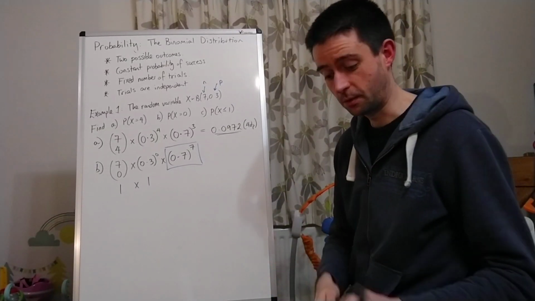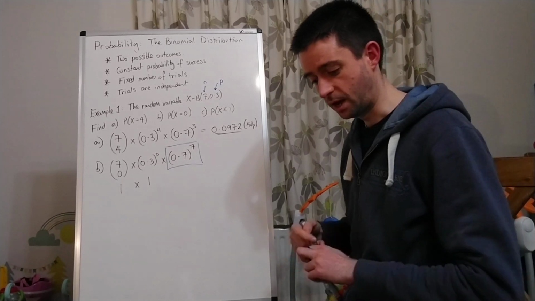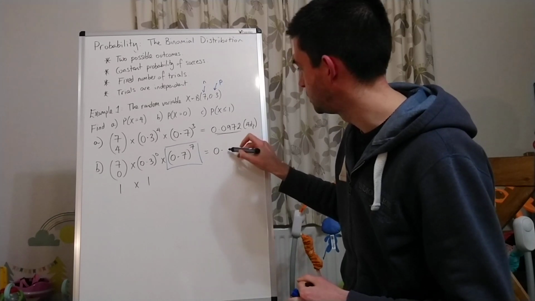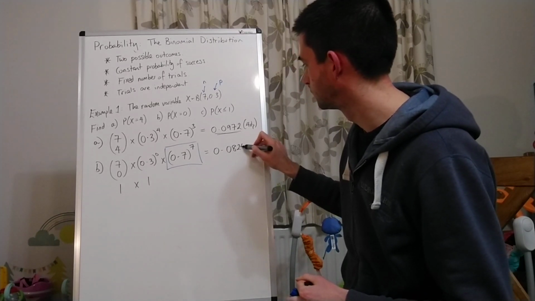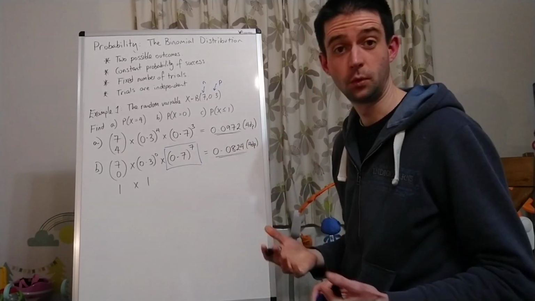So I can just work out what 0.7 to the power of 7 is, and that will tell me my result, which is 0.0824. Again, to 4 decimal places.